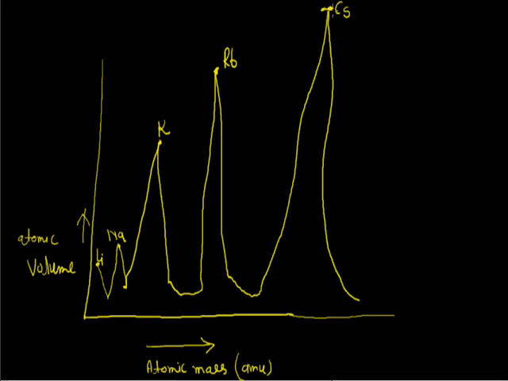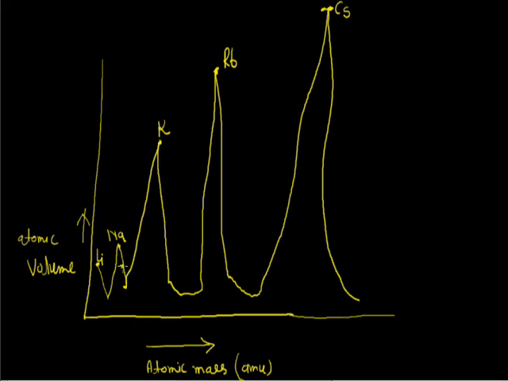Second is the alkaline earth metals like magnesium, calcium, strontium, barium, which occupy positions at about the midpoints on the descending portion of the curve. That is the mid position.